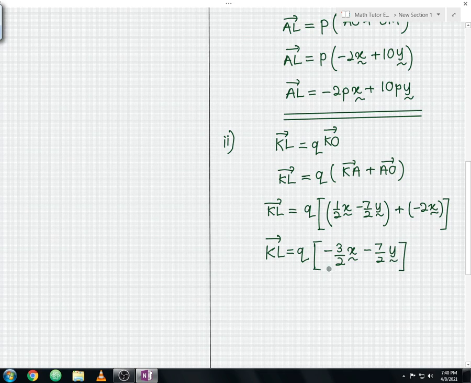So this Q you times in. You should get your vector KL is equal to negative 3 over 2 QX minus 7 over 2 QY. So this is your answer for question B part 2. Let me underline the solution.